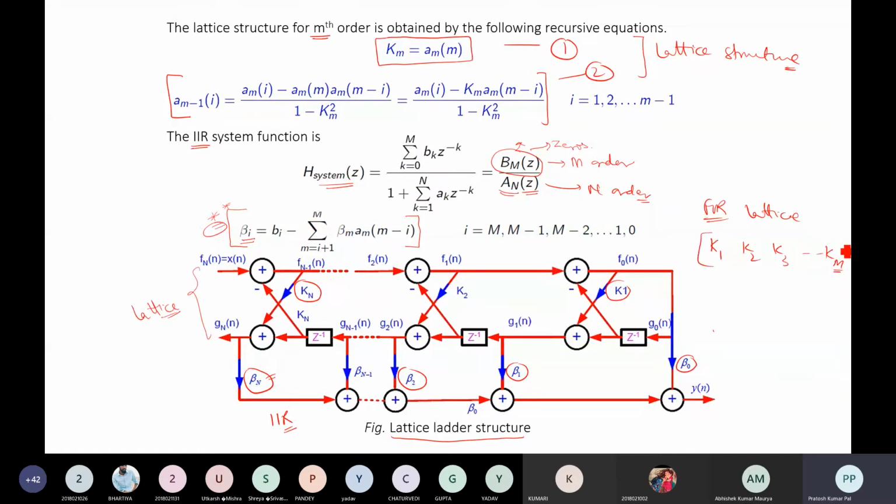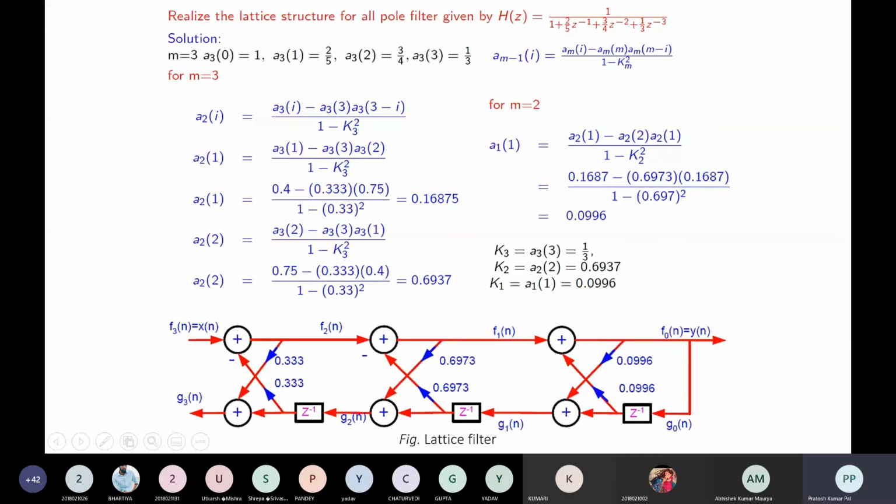Okay, so this is the difference. In case of IIR, we will be writing the coefficients in the reverse order. So this is the generalized lattice ladder structure. We will see some examples, and by using these examples, it will be very clear and easy to understand. Okay, so first of all, we will be seeing the all pole system.